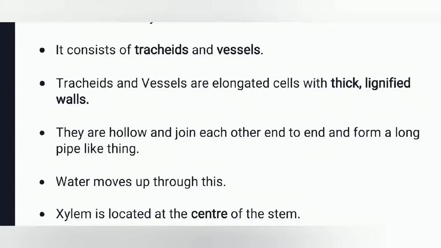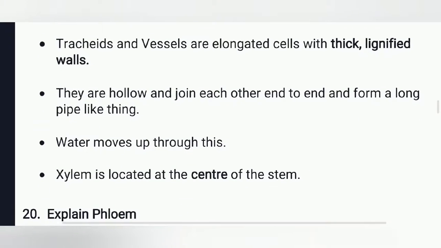They are empty inside and join each other end to end. They are joined end to end and form a long pipe-like thing. They look like a pipe because each and every cell is joined to one another end to end. So water moves up through this. Water can easily move through this pipe.